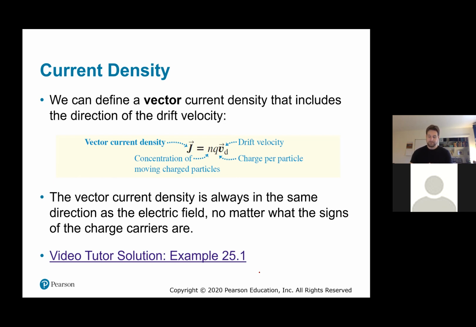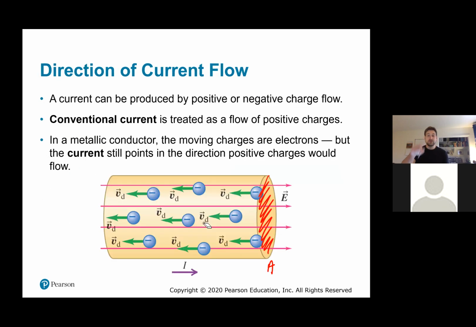Now it looks like it has the same direction as the drift velocity, but it doesn't, because there are no absolute value bars on Q. Here, if the drift velocity is to the right, but the charge carriers are negative, you know what? Let me go back to the other slide. If the drift velocity, let's say, is to the left, but the charge carriers are negative, that means the field points in the other direction.